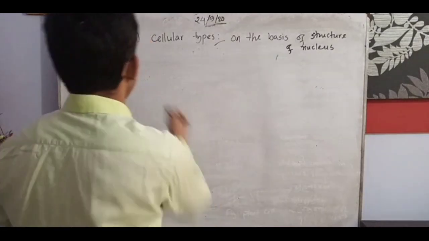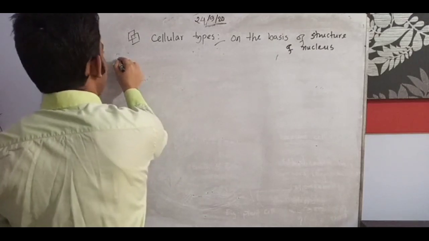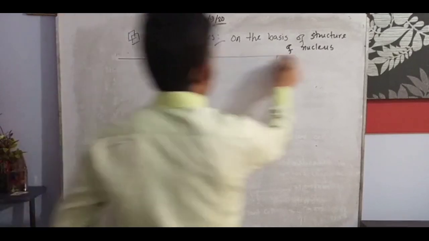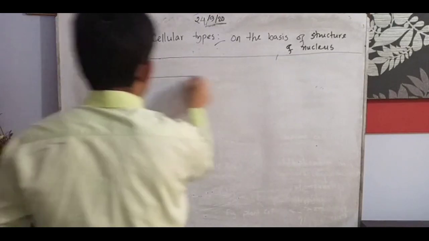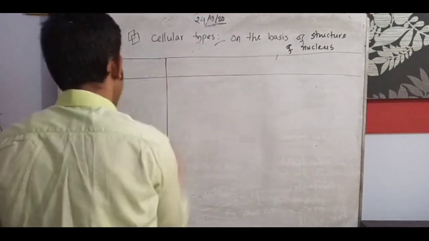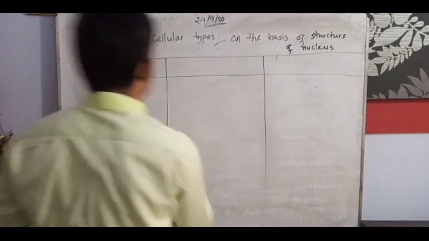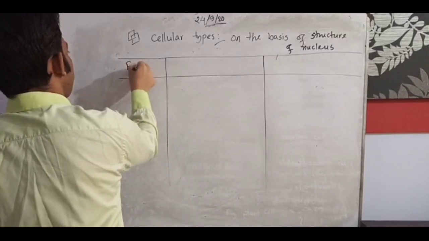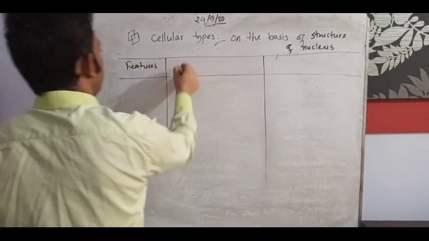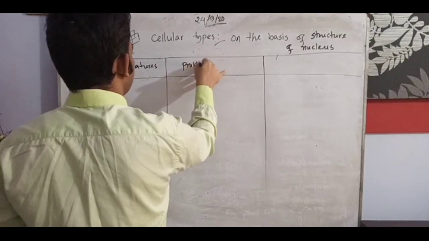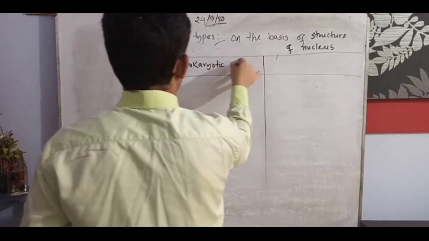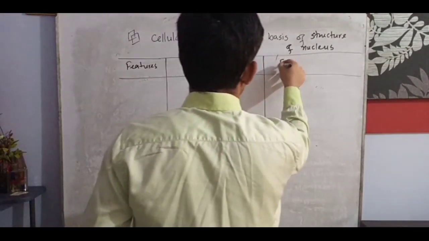Try to learn. As with the previous time, we will try to understand the features of the prokaryotic cell and the eukaryotic cell.